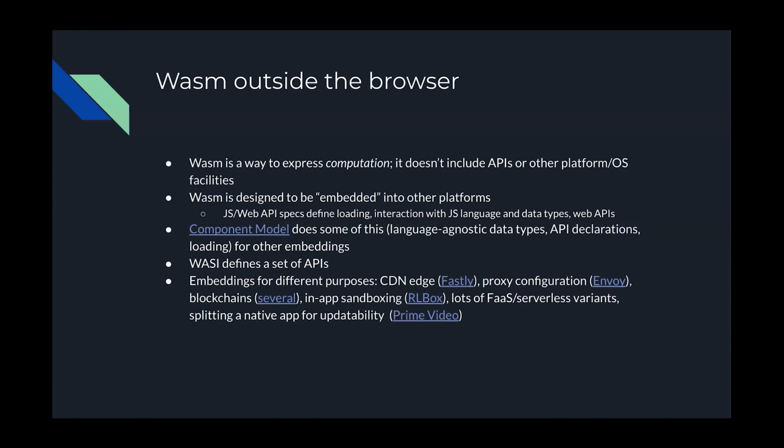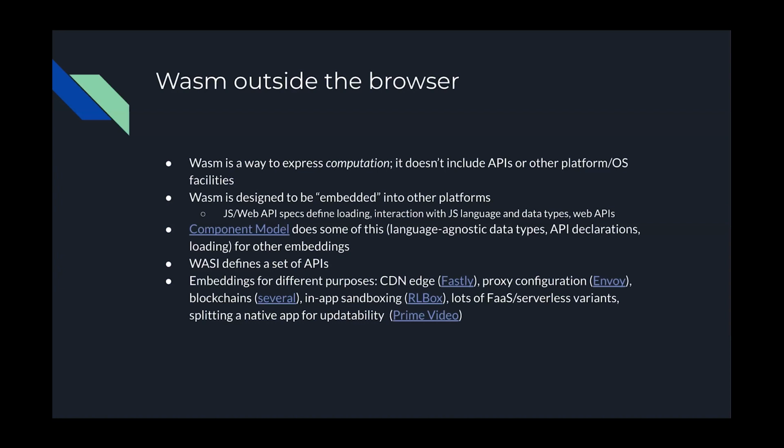And there are already many different kinds of embeddings that are out there in the wild. So we have things like edge computing on a CDN done by Fastly. There's proxy configuration. There are several different kinds of blockchains, which are of course interested in encapsulating deterministic computations for smart contracts.